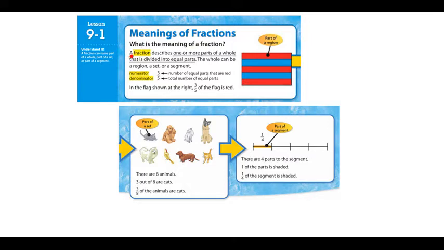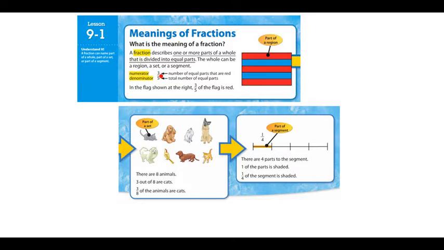Okay, if you didn't already know or remember, a fraction describes one or more parts of a whole that is divided into equal parts. And the whole can be a region, a set, or a segment. So here we're seeing, what fraction of the flag is red?